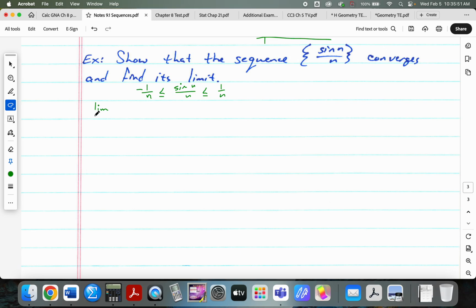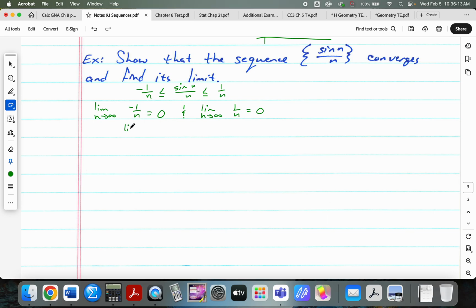And we know that the limit as n goes to infinity of -1 over n is going to be what? 0. And the limit as n goes to infinity of 1 over n is likewise 0. So this is sandwiched in between them.